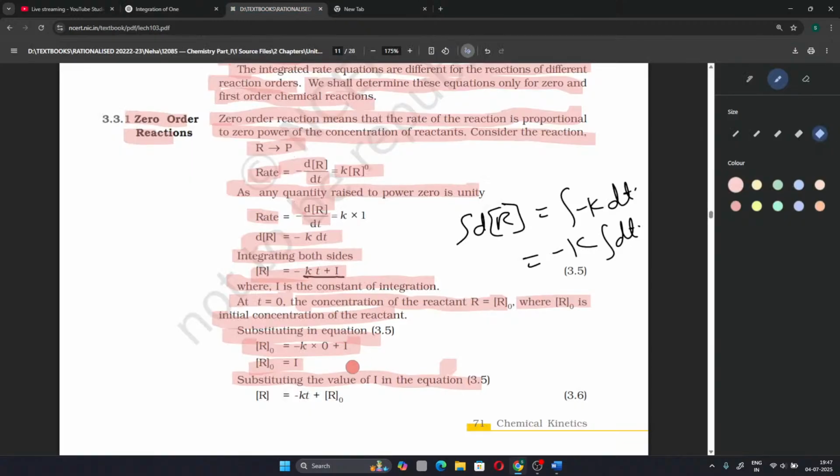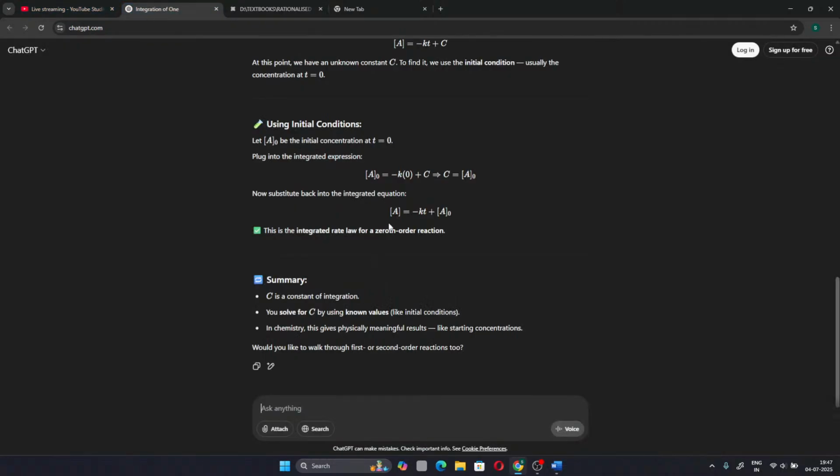At t equals 0, plugging into the integrated equation, we get that C equals A initial, A naught. Okay, I understand now.